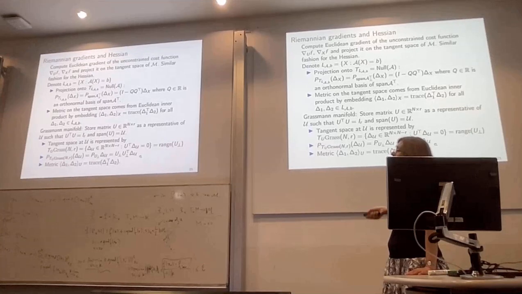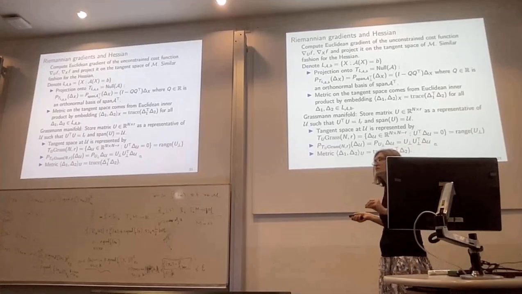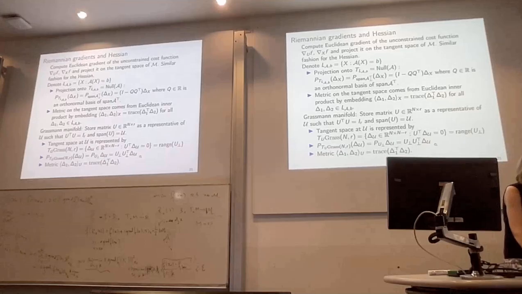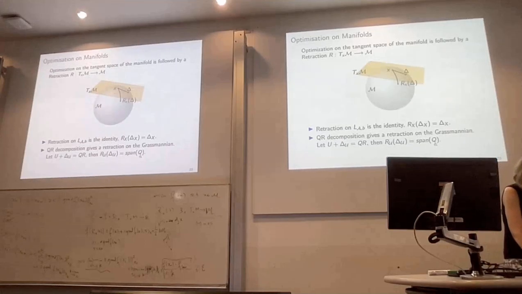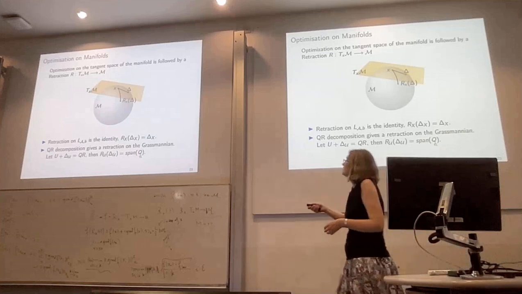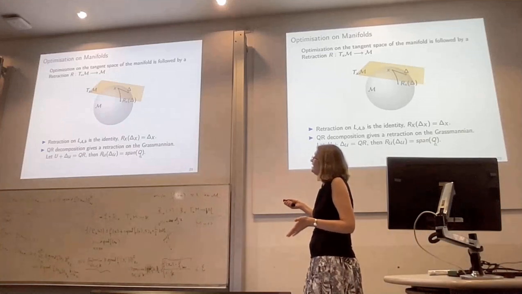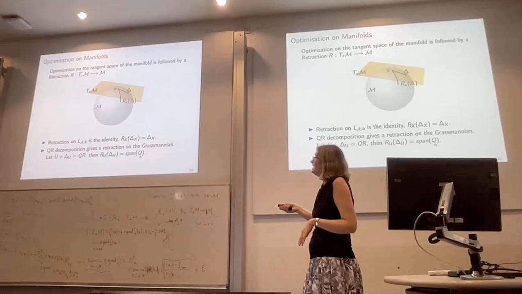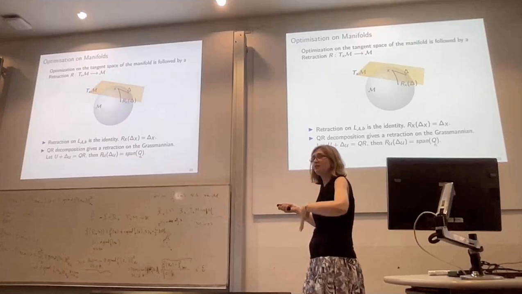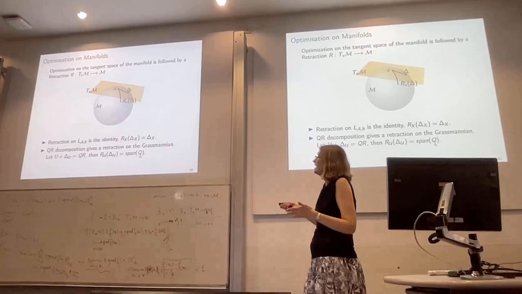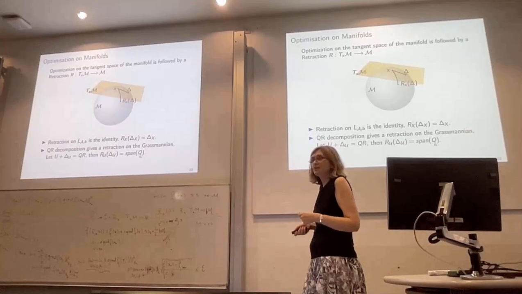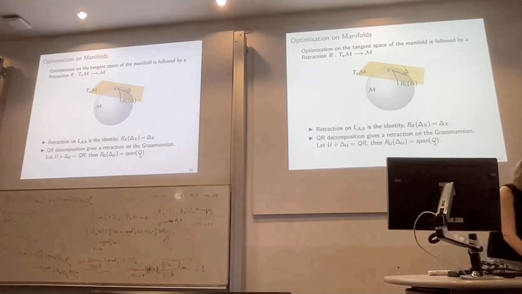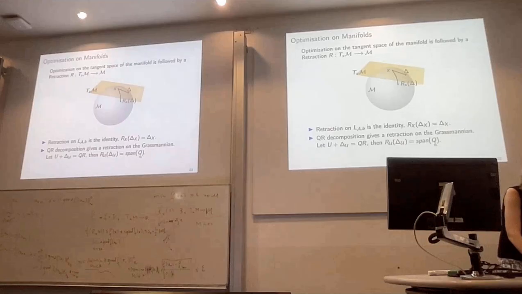This way I have all the tools to calculate my projections onto the tangent space of the Grassmannian, my Riemannian gradient and Hessian. The retraction for the linear part is just the identity, and for the Grassmannian we do the cheapest thing, which is QR. When we do our iterations in U, I take Q in the QR to be my retraction, to project me back onto my Grassmannian.